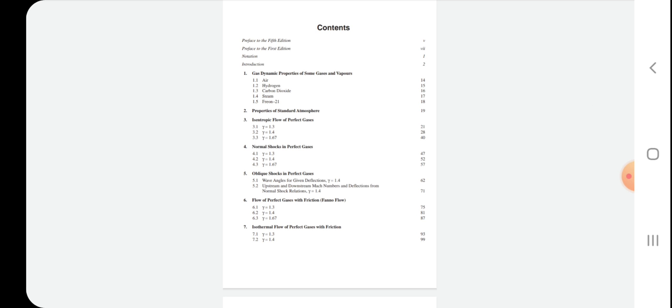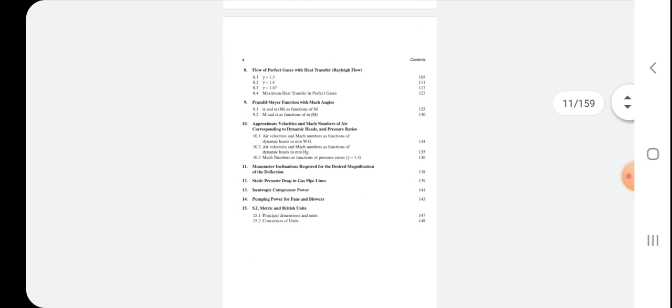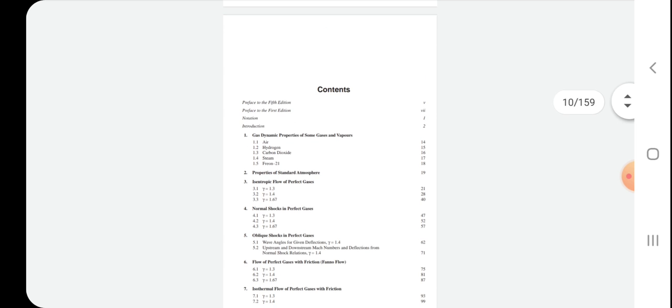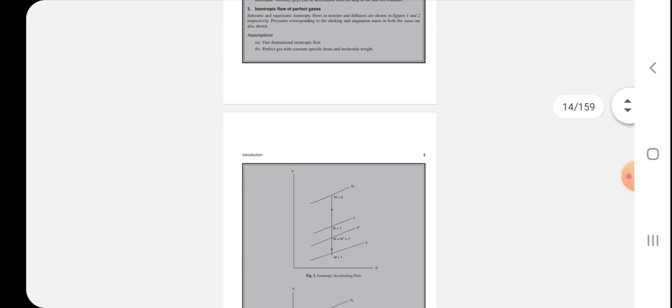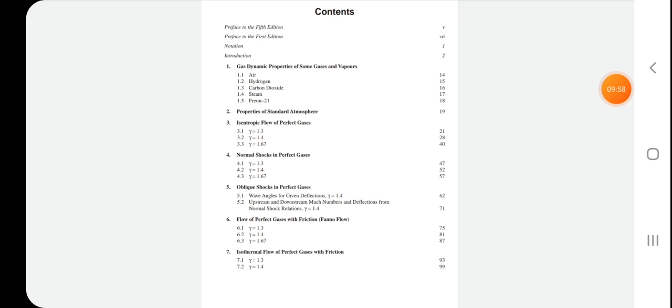We should take gamma equal to 1.4 because this is for air. It is page number 52.